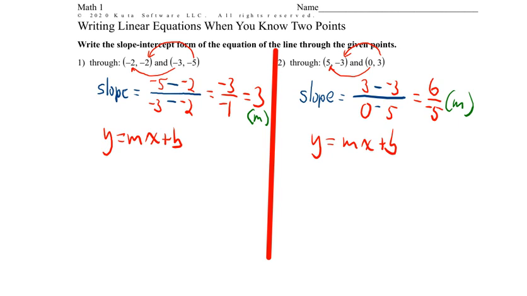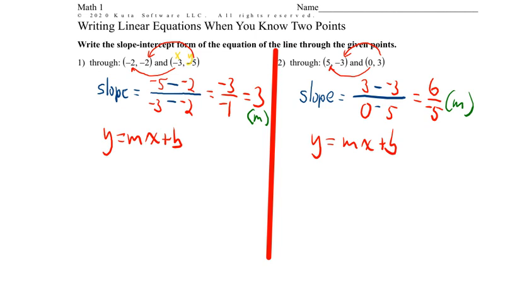Pick one. How about Yuri? Which one do you want to use? The 2s or the 3 and the 5? Three. All right, so let's use this point. It doesn't matter which one we pick, Ashley. I can pick these ones or these ones, but let's go with these two.